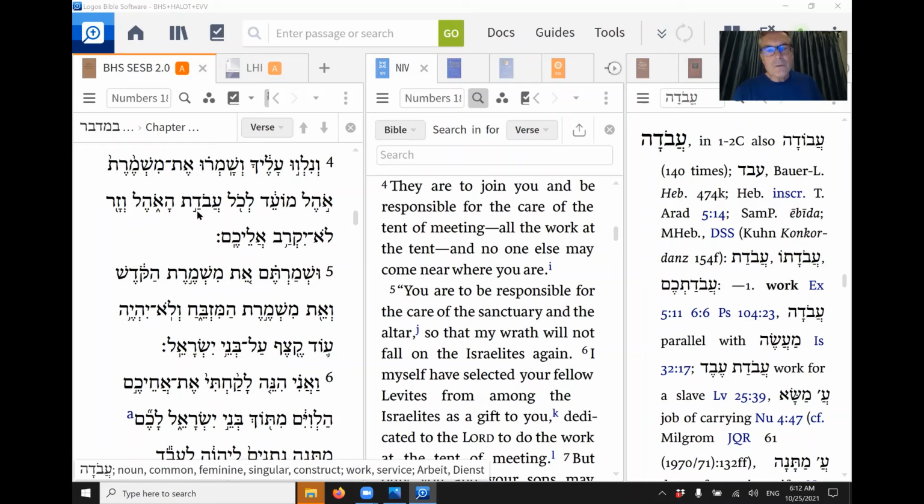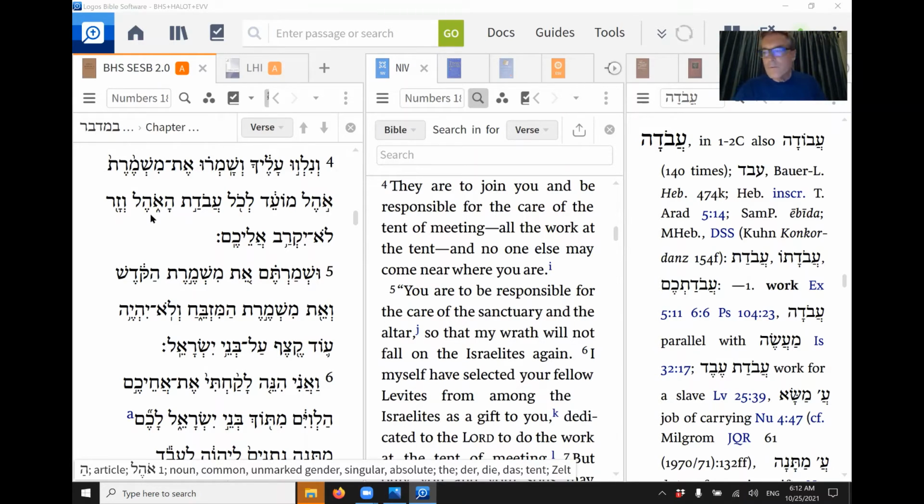The avodat, which is a construct form of the tent, ha-ohel, which is the tent of meeting. So the Levites were responsible for setting up and taking down the tent of meeting. Physical labor in the older portions of the Old Testament, avodah, means physical labor.